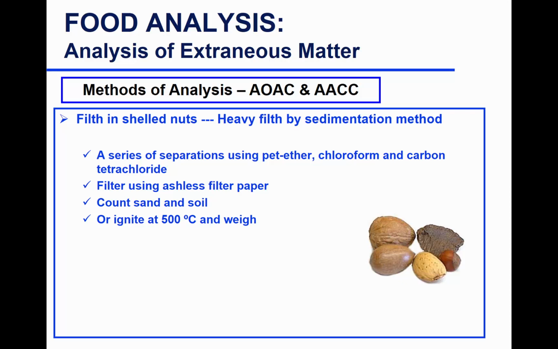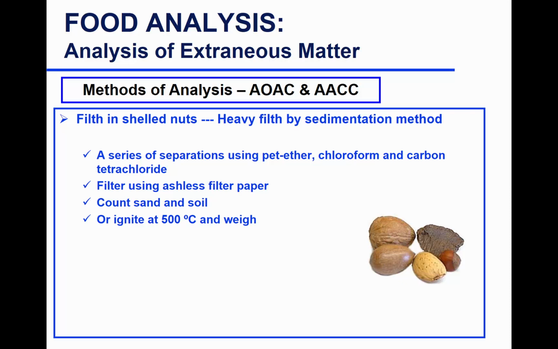It's supposed to be ashless because you can also put it in a muffle furnace, incinerate at 500 degrees C, and weigh. So the ash content will be directly related to your heavy filth. Or you can filter and just count the sand and soil under the microscope.